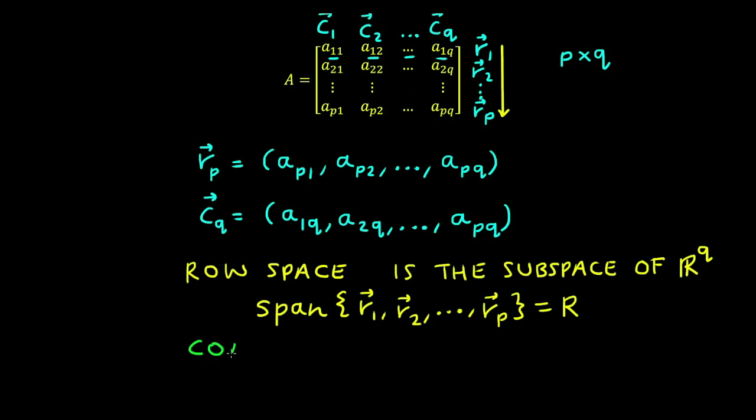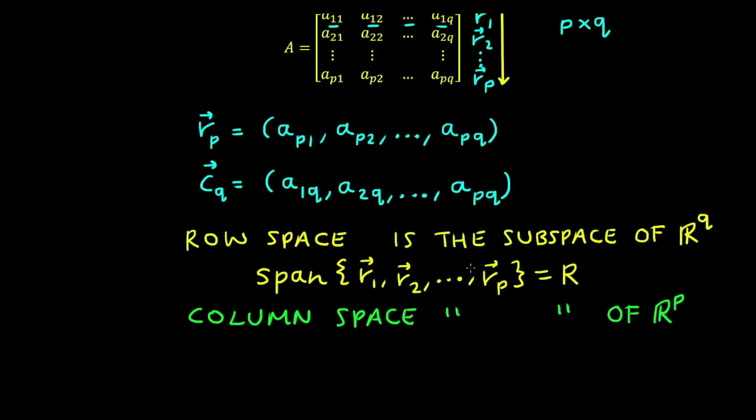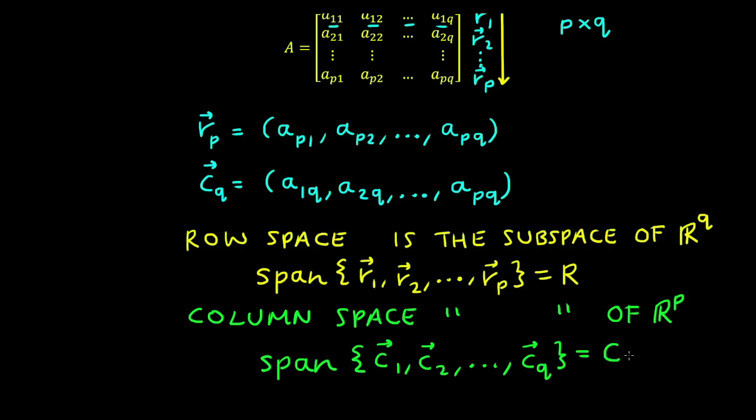And similarly, the column space is the subspace of Rp that's spanned by the column vectors of A. So in other words, the span of the set of column vectors being C1, C2 up to column Q is equal to C, and C is a subspace of Rp that's spanned by these column vectors.